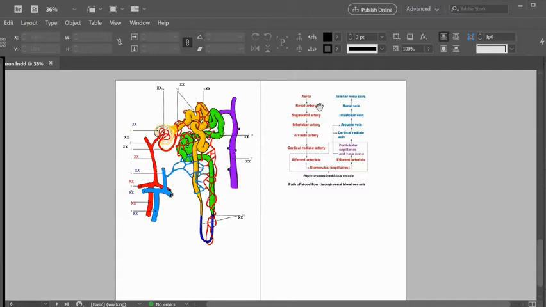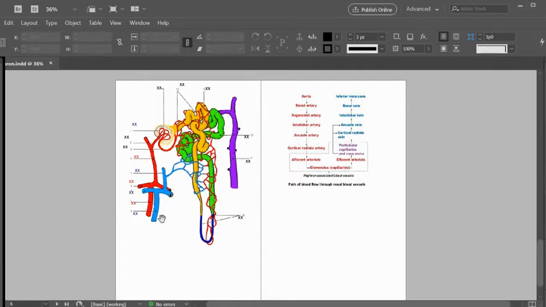In order from big to small, they go segmental arteries, interlobar arteries, arcuate arteries, cortical radiate arteries, and now we're into the glomerulus. There are actually some other ones in here that they're leaving off of the list, but these are the major ones in order.